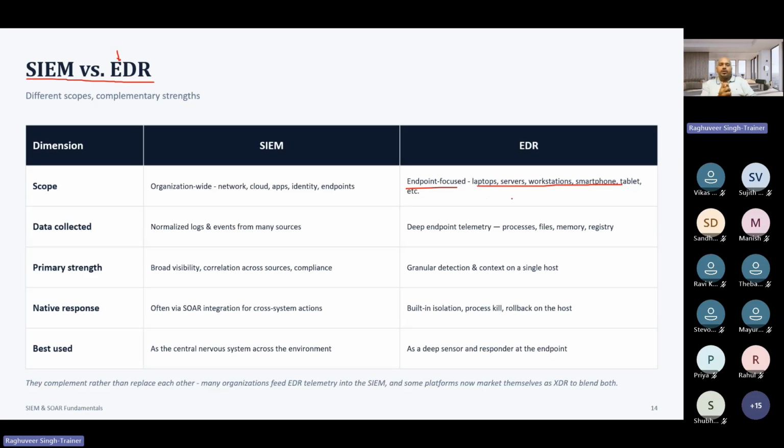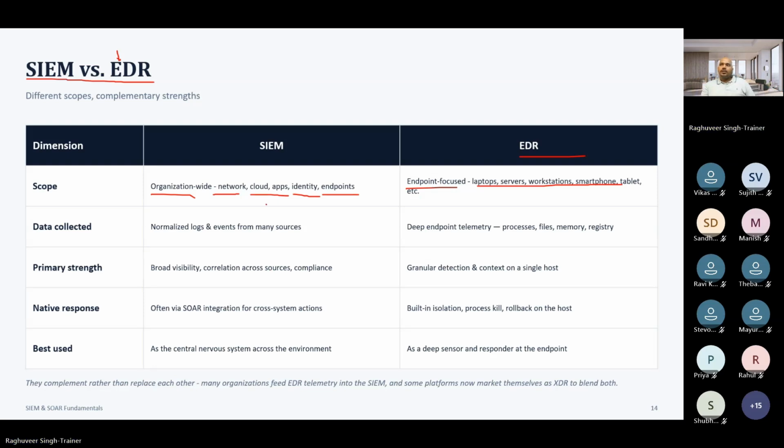So its focus is on endpoints. When it comes to SIEM, SIEM's focus is quite wide in nature. It's organization wide because SIEM will not only help you protect or complement EDR, but at the same time can also protect network devices, cloud applications, identity systems, endpoints, applications, and other things. So EDR is limited to endpoints, and SIEM has a wide scope which goes beyond endpoints to other devices and applications also.